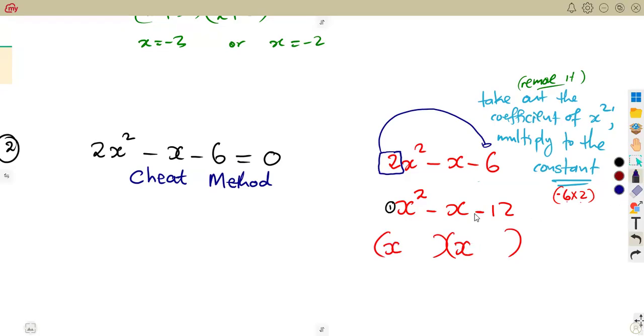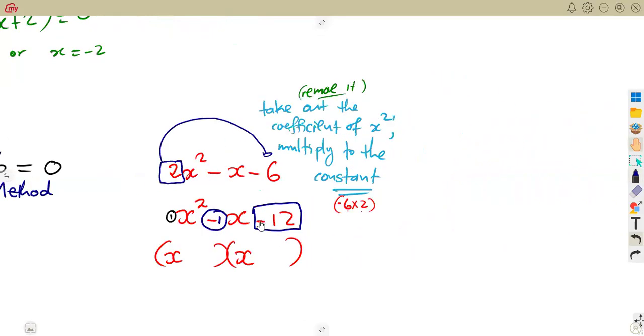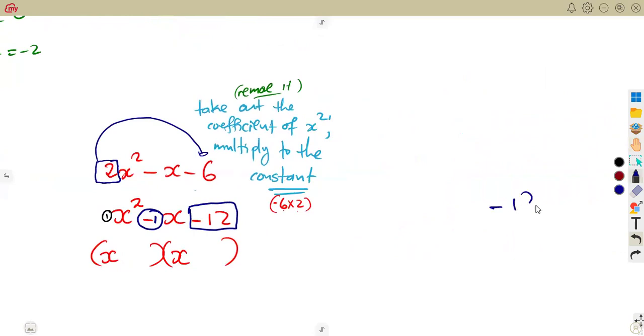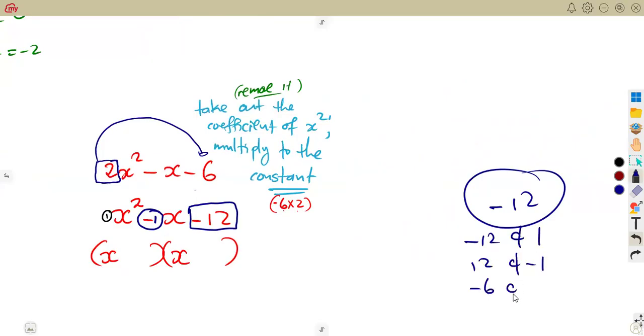Then we focus on the constant. Remember, your constant is minus 12. What are the factors of minus 12? But these factors must add up to minus 1. Which two numbers multiply to give minus 12? Is it minus 12 and 1? Is it 12 and minus 1? Is it minus 6 and 2?